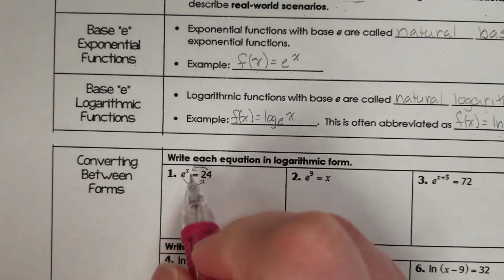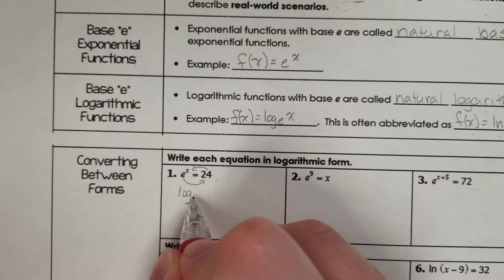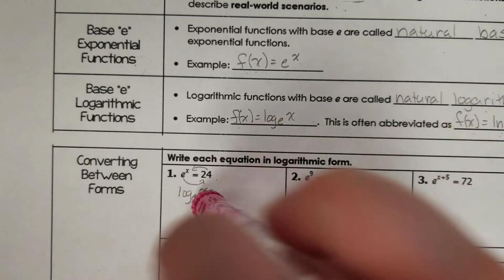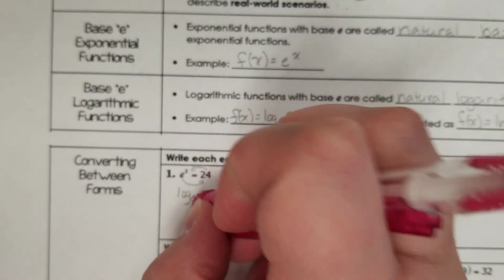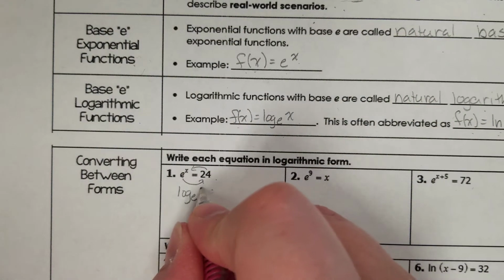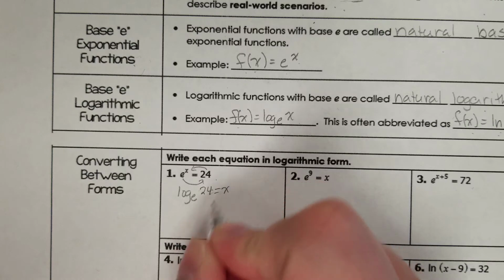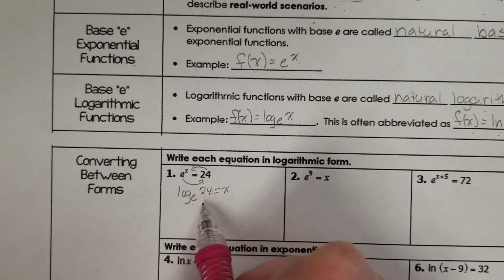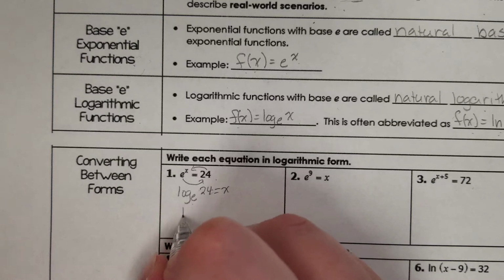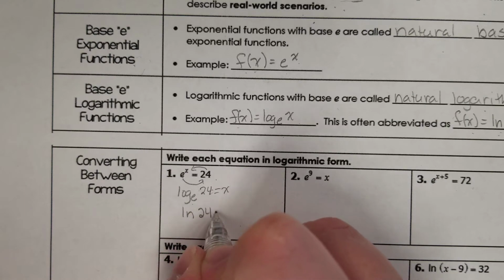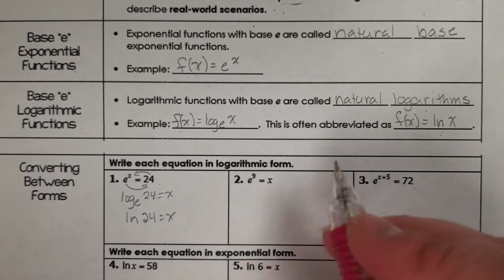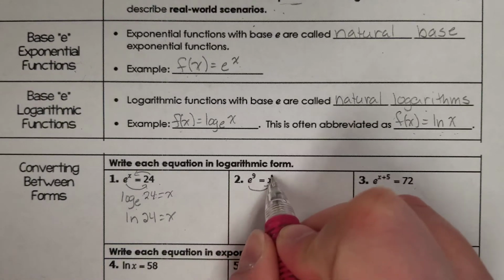So we have log base e of 24 equals x. And then we said log base e can be abbreviated, so it's just going to become the natural log of 24 equals x.